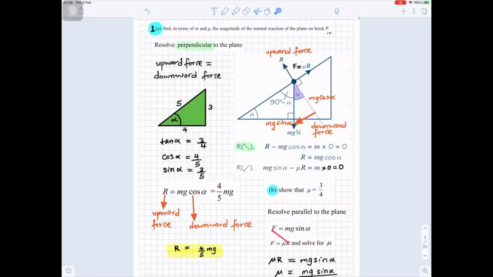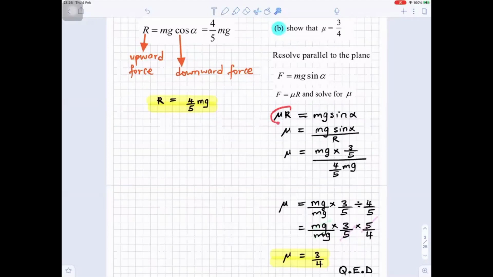But we replace F with mu R, because F is the frictional force, and we want to solve for mu. So mu R is equal to mg sine alpha. We take times R to the right hand side, and it becomes divide by R. So mu is mg times sine alpha divided by R. But sine alpha is 3 over 5, and R is 4 over 5 mg, which we got from before.